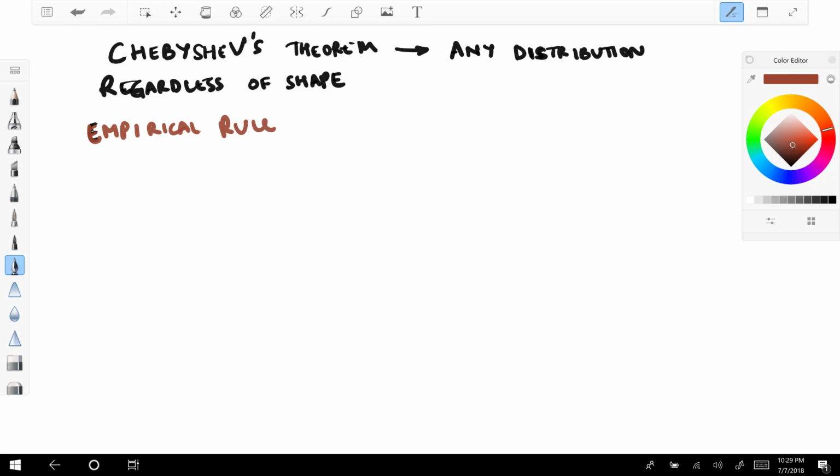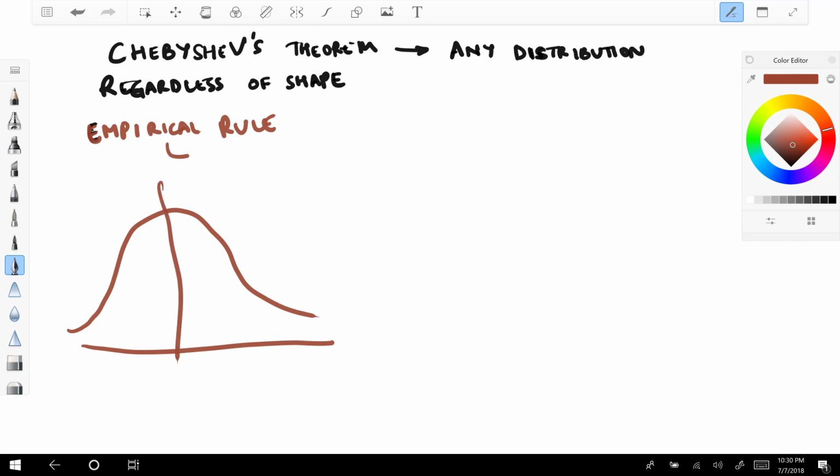And this rule can only be applied to a normal distribution, which is 68% of the data lies within one standard deviation. So if this is mean mu and this is mu plus 1 sigma and mu minus 1 sigma, so this is 68% of the data.